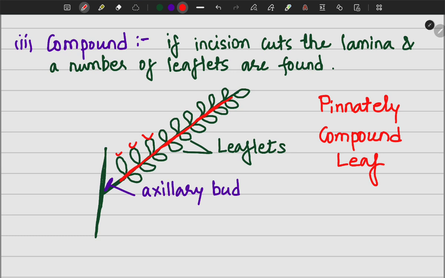So this is a pinnately compound leaf, and this midrib is usually called a rachis. An example given of a pinnately compound leaf is neem. I hope the pinnately compound leaf is clear to you.